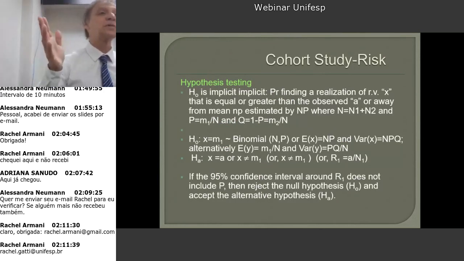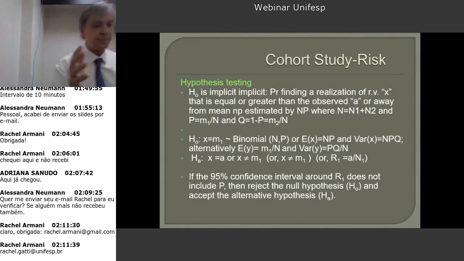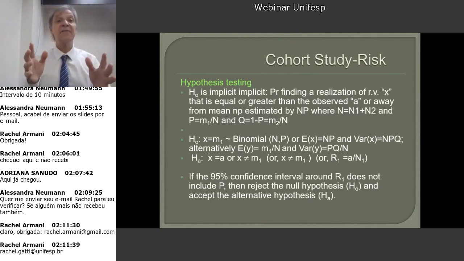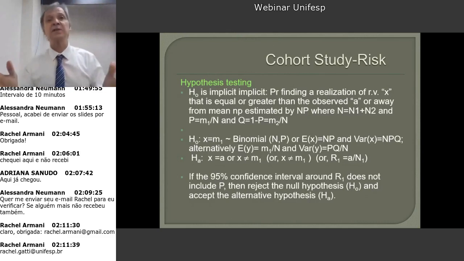Binomial is a proportion. So if I have 10% of the population with diabetes, and 90% of the population do not have diabetes, my variance for that is going to be P times Q, 0.10 multiplied by 0.9, that's 0.09, divided by N. Let's say my sample is 100: 0.09 divided by 100 is 0.009.